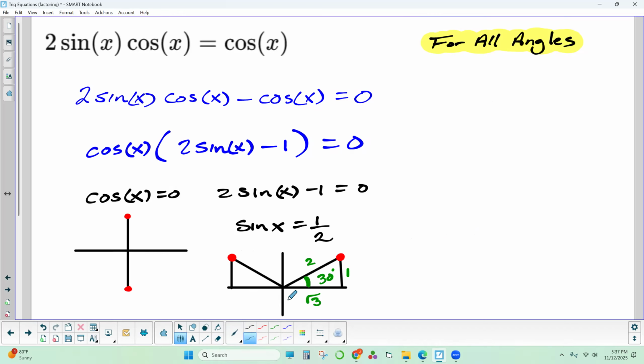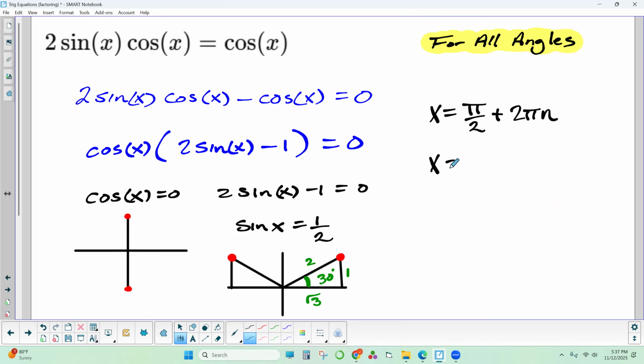So we're going to say x equals our first angle, pi over 2, plus a period of cosine times n. Remember, n represents any integer, positive, negative, 0, any integer, and that will account for all angles where cosine is 0.